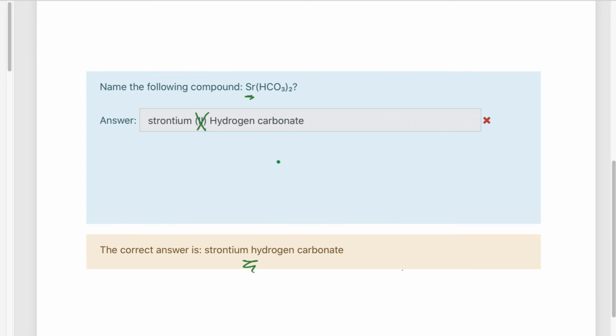These Moodle quizzes are designed to ignore capitalization, so if you had left that out, it would have counted this correct. By the way, you could have also called this bicarbonate. That's not used a lot, but it is used for the carbonate salt here.